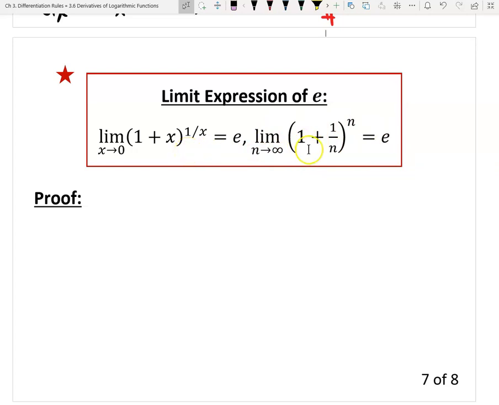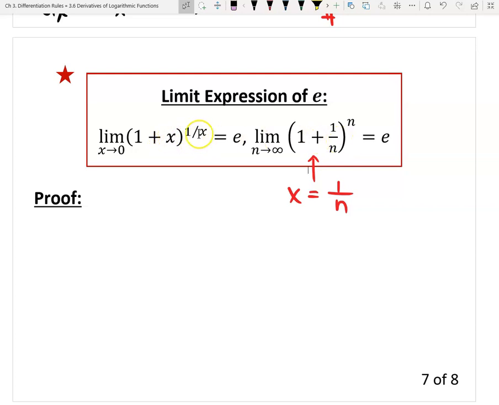Why? Can you see? The second is no longer x. Here is x, but here is 1 over n. 1 over n is just a special case, so if we simply do this substitution, x equals 1 over n, and put it into the first formula, definitely we will get the second.